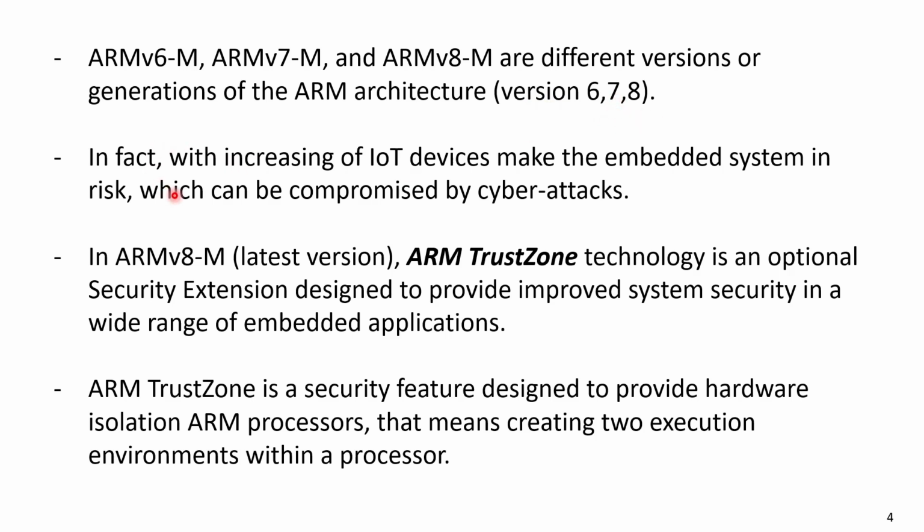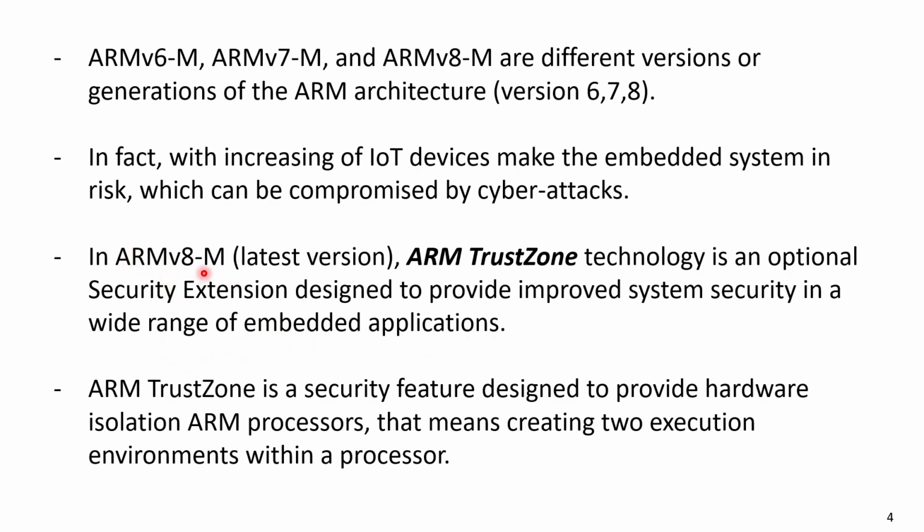In fact, with the increasing number of IoT devices, embedded systems are at risk and can be easily compromised by cyber attacks. So, with the M version, ARM TrustZone technology is an optional security extension designed to provide improved system security in a wide range of embedded applications.